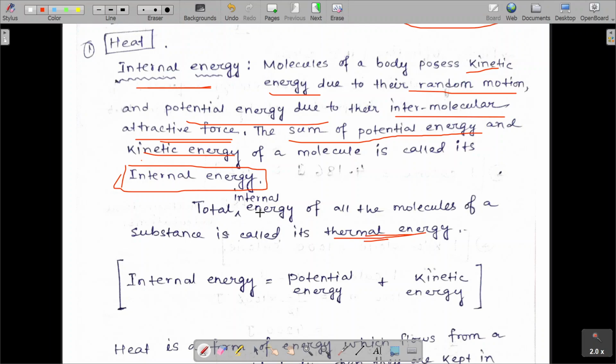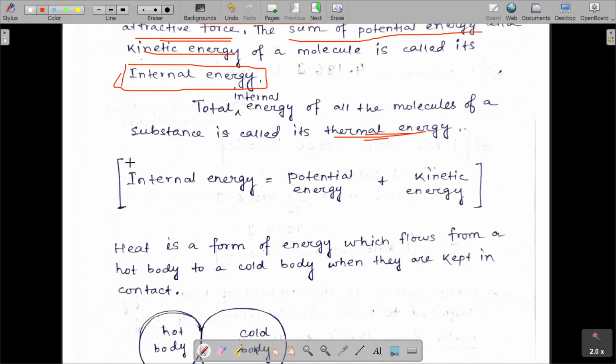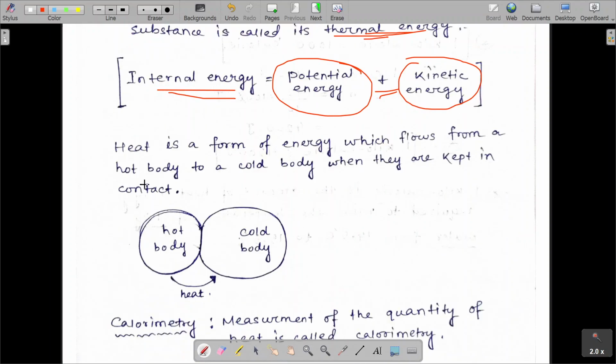The total internal energy of all the molecules in the body is called the thermal energy. So I have made a clear flow chart of this, that the internal energy of a body is the sum of potential energy and kinetic energy.